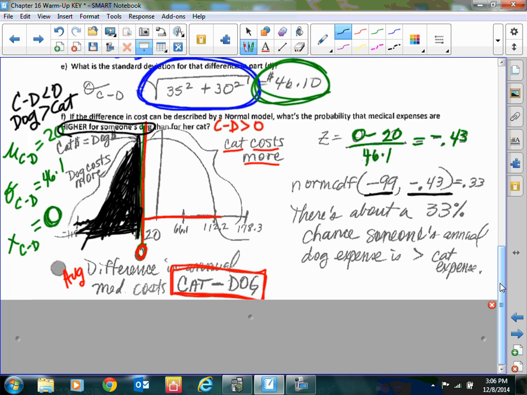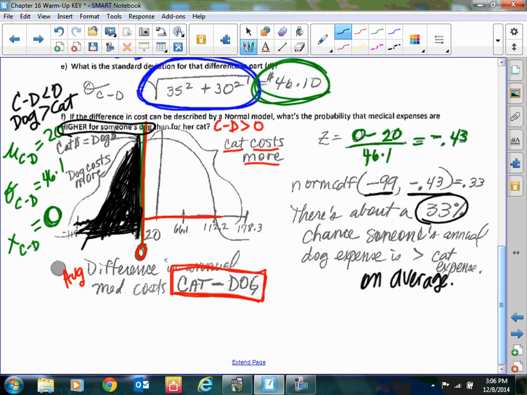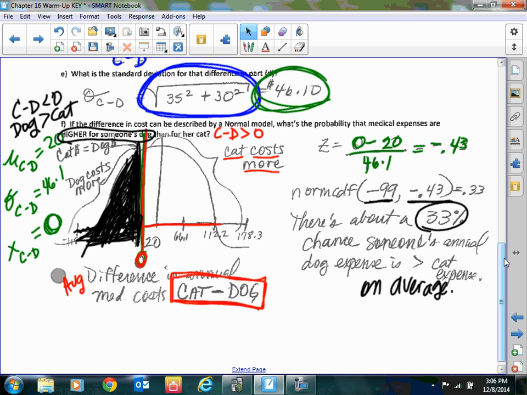So there's about a 33% chance that someone's annual dog expense is greater than the cat expense on average. Because these are all about averages, not just like in any one particular year. On average.